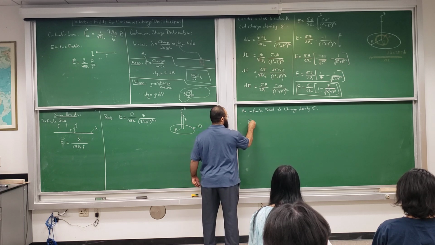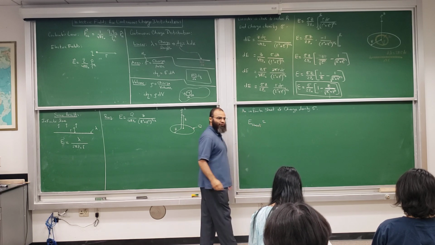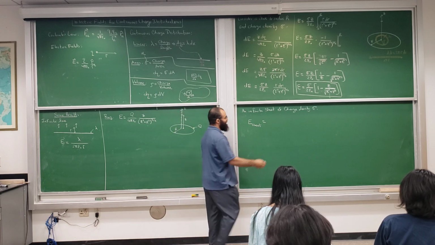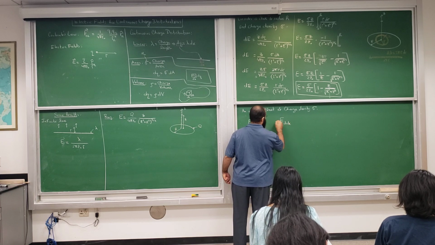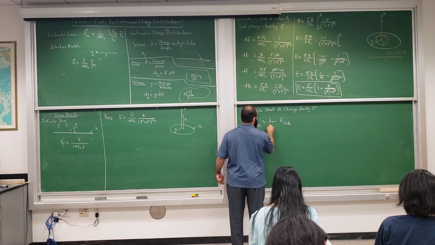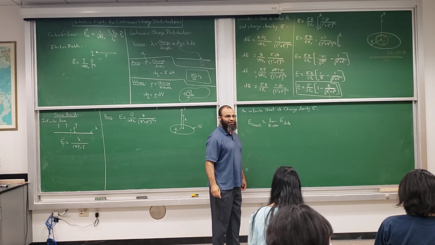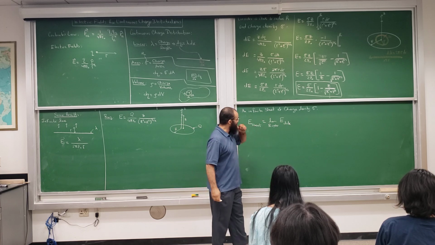You don't have to calculate. You will use the electric field for the disk, but take the limit as the radius goes to infinity. If the radius of the disk becomes infinite, then you have an infinite sheet.